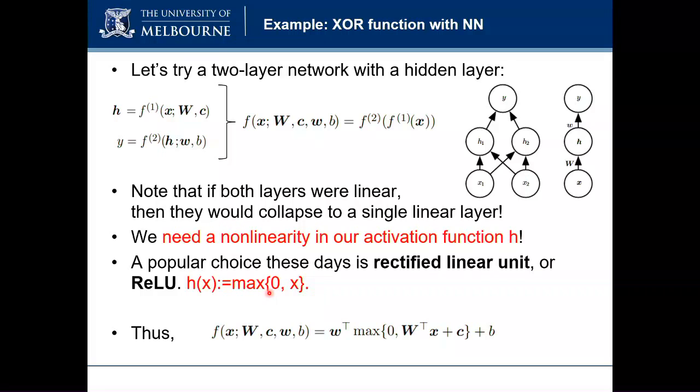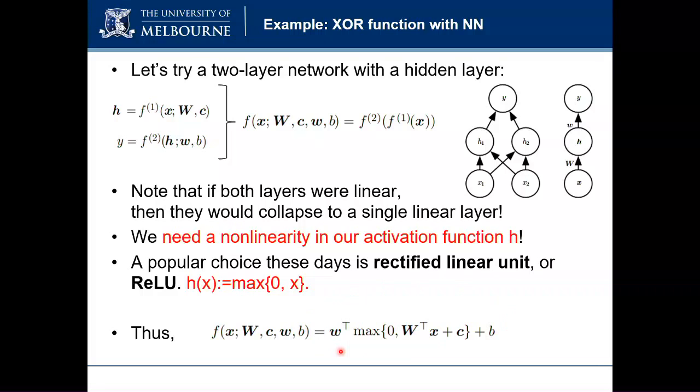So when you plug it in, the first layer is a linear combination, passed through the ReLU at the hidden layer, which is the max of 0 and this, plus the second layer. Then y is just a linear output in this case because I'm not putting another nonlinearity here. It could have been done with a nonlinearity as well. I could have put a sigmoid, but I'm just keeping it simple here.